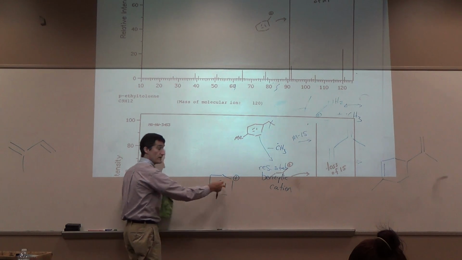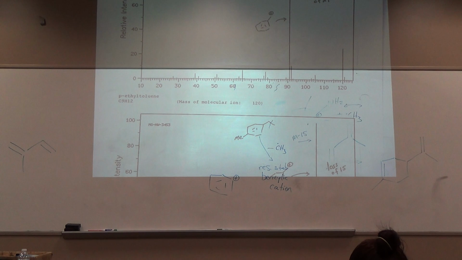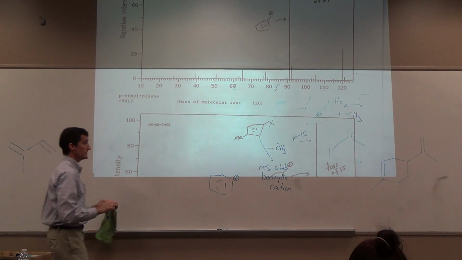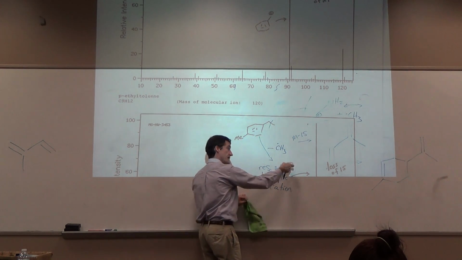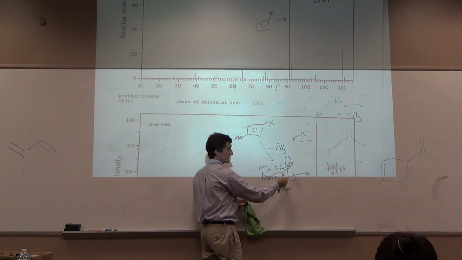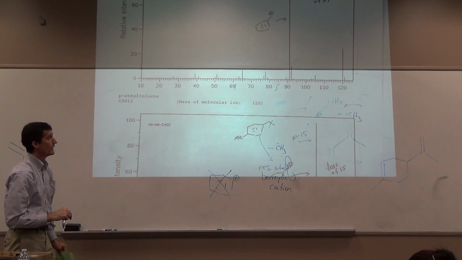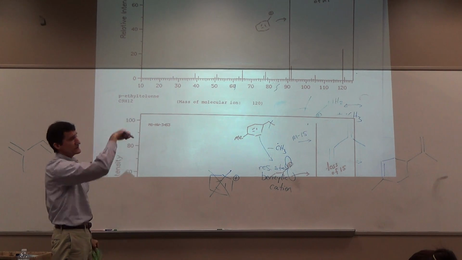This empty p orbital here is perpendicular to the other 6. This is not good, but that is good. These 6, then you can put this 7th one overlapping with these 6, and that's what we did with resonance there.